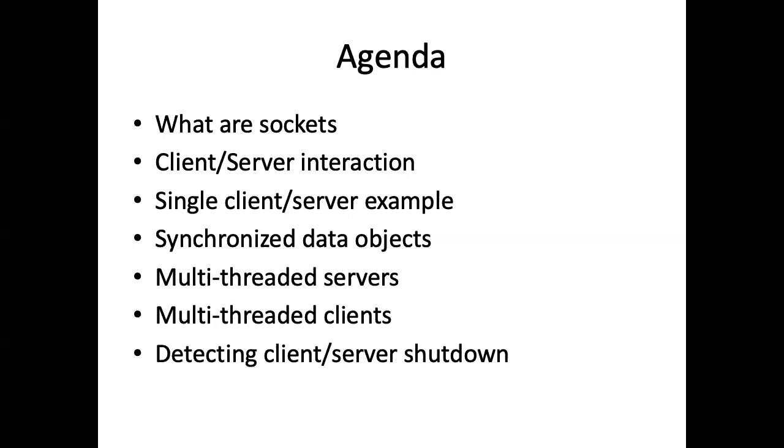Then we'll talk about multi-threaded servers and multi-threaded clients, which is when you have a server that has to deal with multiple clients. And finally, we'll talk about how you detect when a client or server is shut down, so you can shut down your own end of the socket.